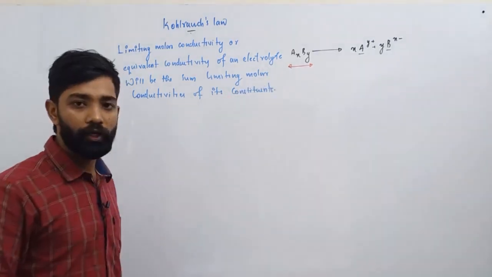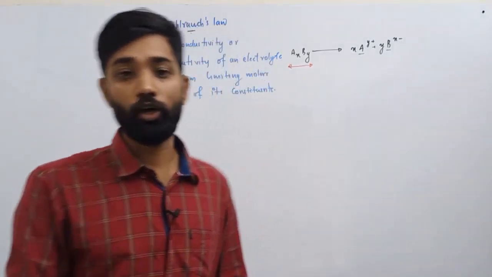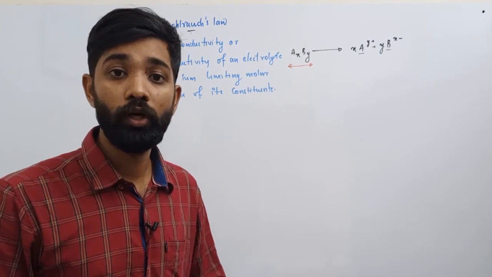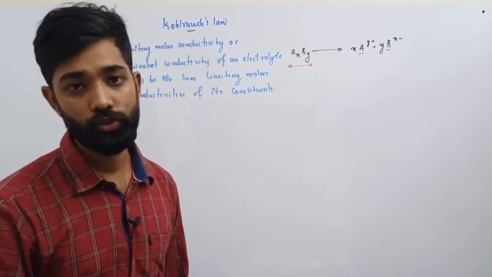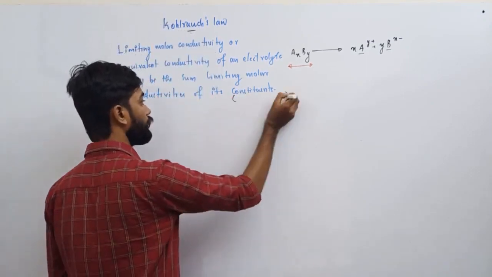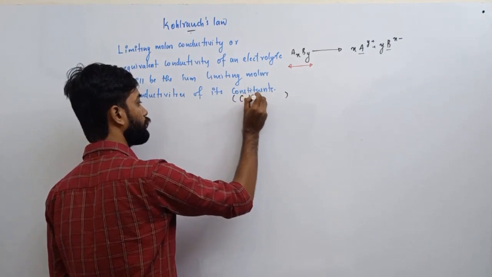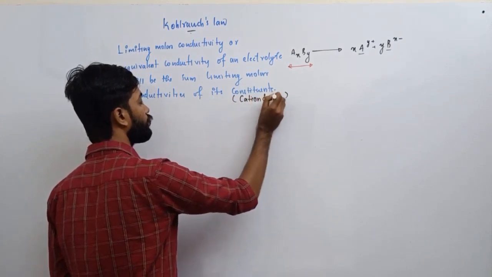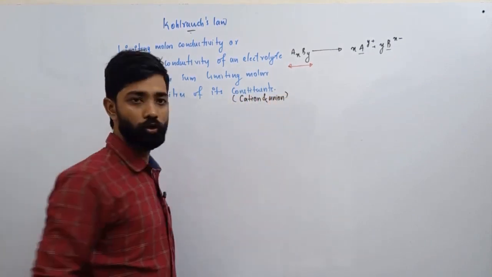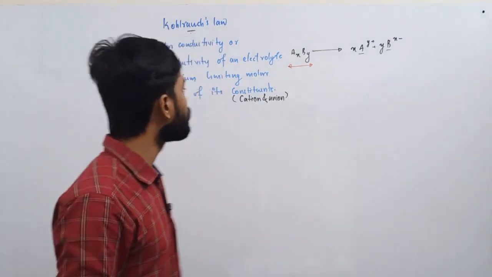Whose constituents? The electrolyte's constituents. What are they? Cation and anion. These all are the constituents, no doubt. Ready?